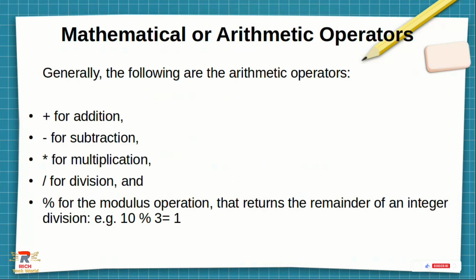The third one is the star symbol, which is for multiplication. The next one is the forward slash symbol, which is for division. And the last one is the percentage symbol, which is for modulus operations. So these are all the mathematical operators we'll be learning so far as structured programming is concerned.